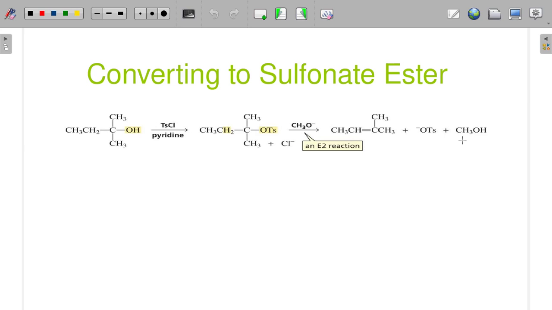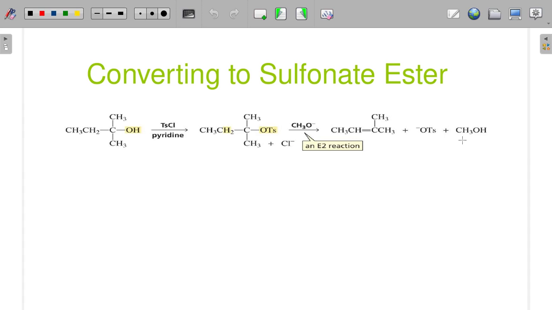Okay, other thing we can do to eliminate the possibility of rearrangements is to turn that OH first into a tosyl chloride derivative. So we mix it with tosyl chloride to make a tosylate out of our alcohol. Now that it has that OTs on there, which is a great leaving group, we can actually choose a nucleophile that favors elimination.